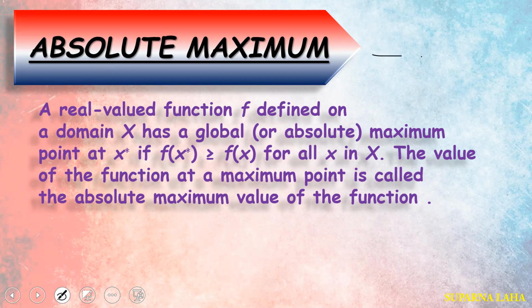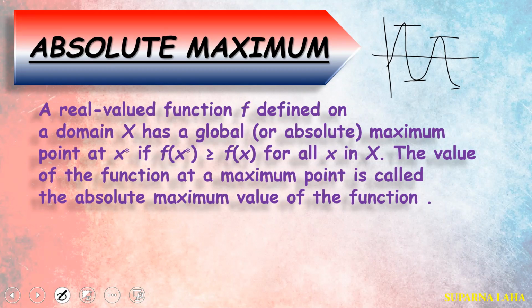Maxima means that if the curve is changing in nature, from increasing to decreasing or decreasing to increasing, and f dash x is 0 at that point, then we can find a maximum or minimum value at that point.